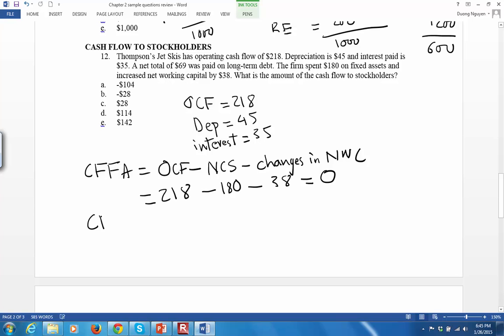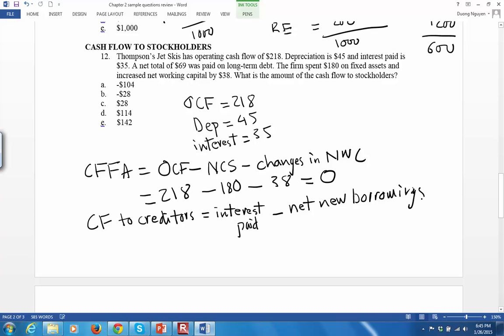And then you should be able to calculate cash flow to creditors, equal to the interest paid minus net new borrowings. The interest paid over here is $35 minus net new borrowings.